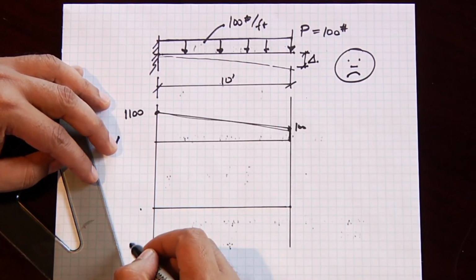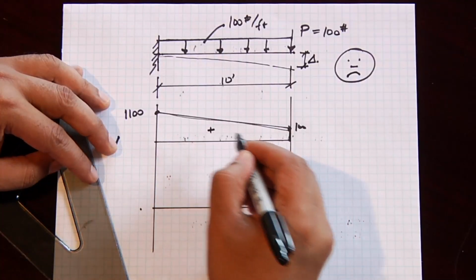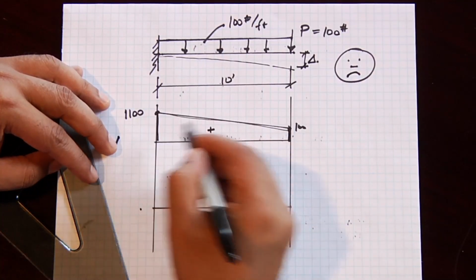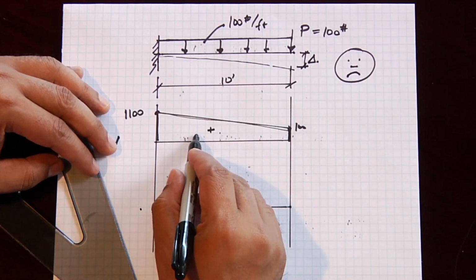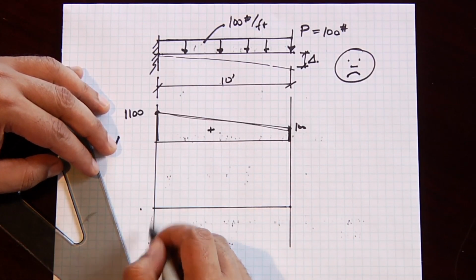First, we can calculate what our moment is on the left-hand side. This is a positive shear area. It's a trapezoid. So first thing we do is we can calculate the negative moment here, which should equal the area under the shear diagram.